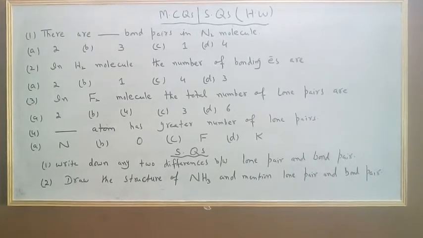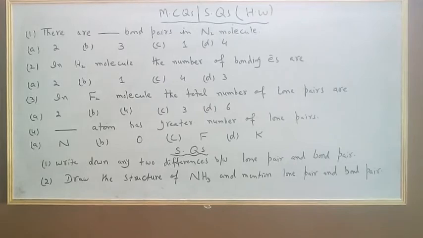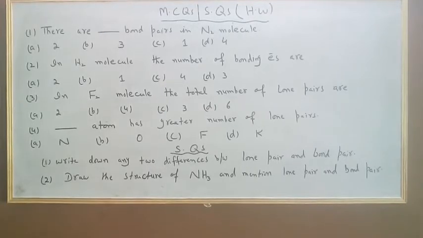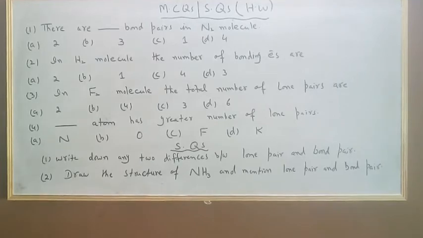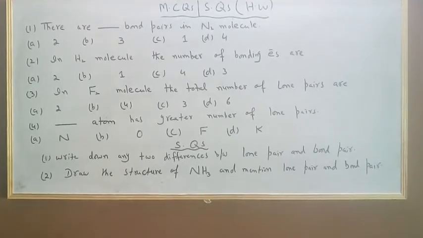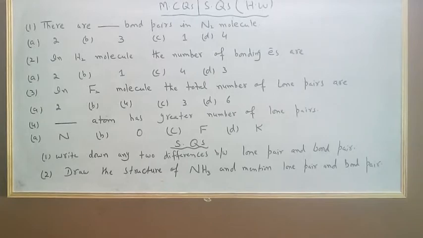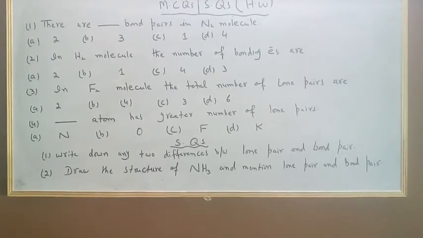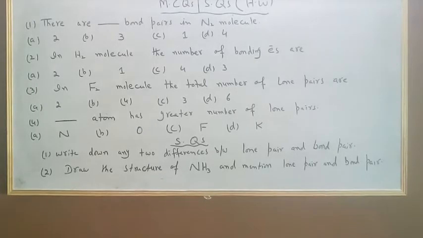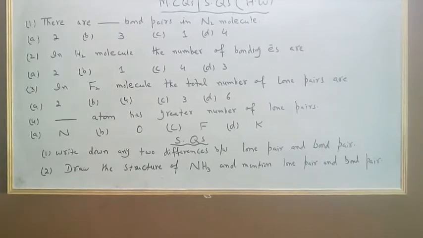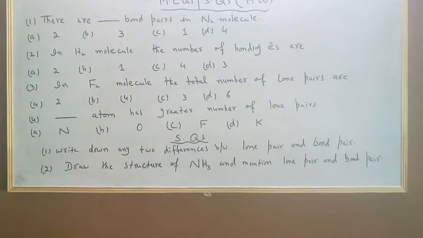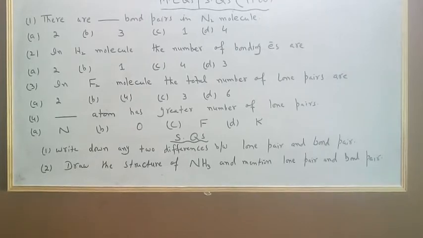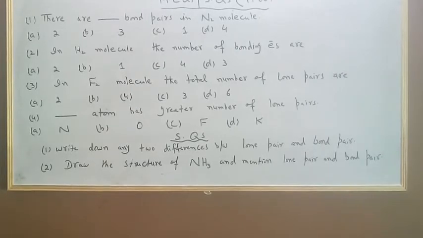Number 2, in H2 molecule the number of bonding electrons are: A 2, B 1, C 4, D 3. Number 3, in F2 molecule the total number of lone pairs are: A 2, B 4, C 3, D 6.